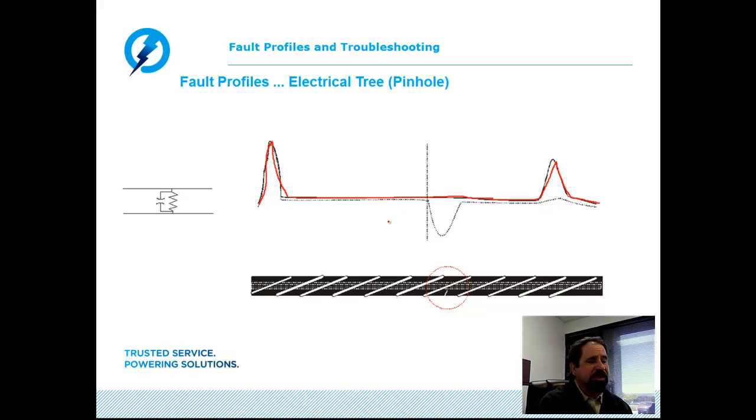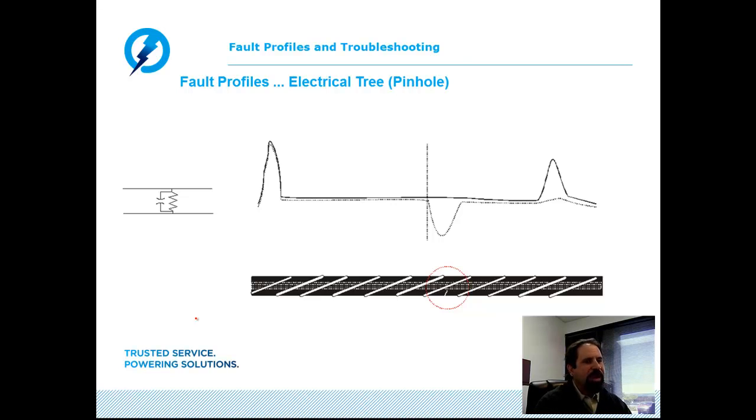Now, if we were using the arc reflection technique, what we would do here is first capture the low voltage waveform, as I highlighted and illustrated in red, and then we would go ahead and turn on the surge generator. Once we turn on the surge generator, we would set up an appropriate voltage level to surge into the cable with the intent of causing the cable fault to arc over.